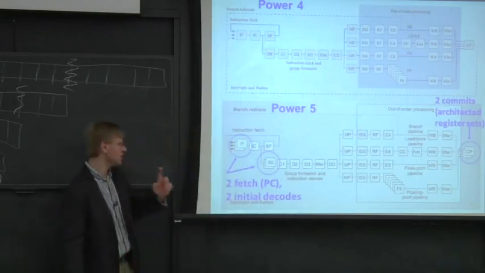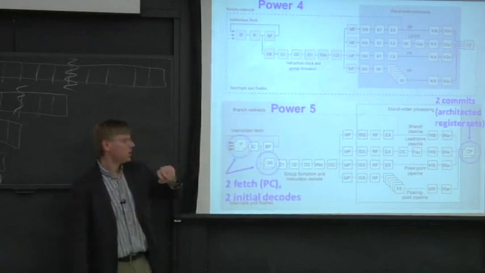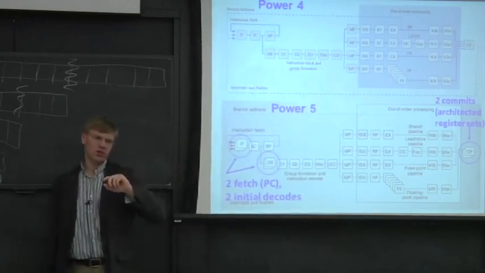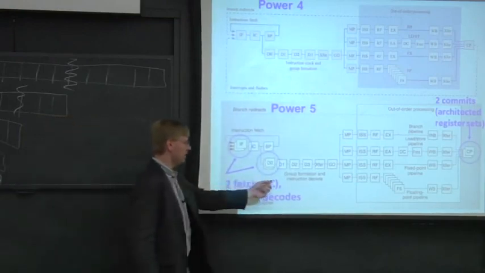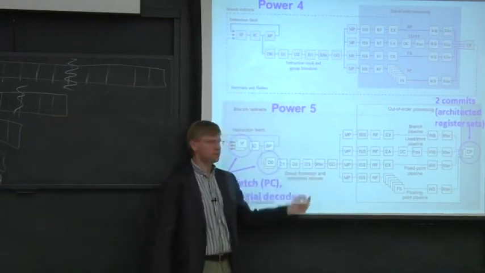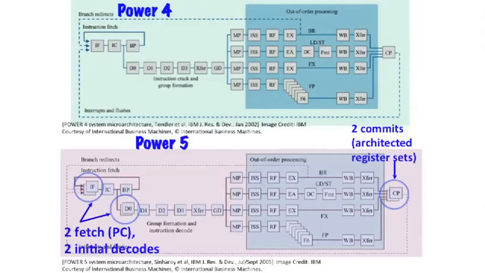So what they had to do here is add more fetch bandwidth. And then they added this notion of group formation, which was the picking out of the two threads, so they could figure out what they could actually execute simultaneously at the same time. And they effectively had extra pipe stages out in front to go do that.